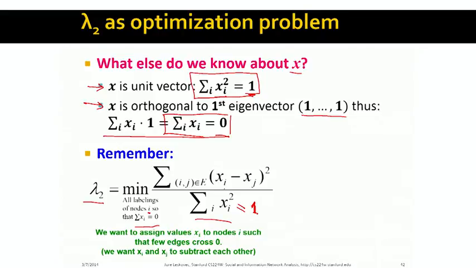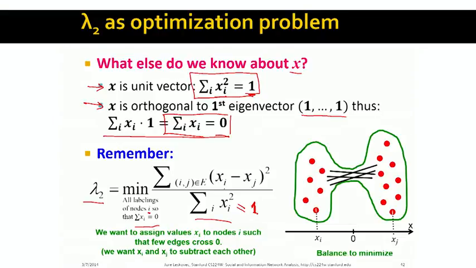So in some sense, we have to think about this the following way. We are trying to take the nodes of our graph G. So here's our graph G. We want to put some of the nodes to the left-hand side of 0, and some nodes to the right-hand side of 0, if I think of this as a real-valued axis.